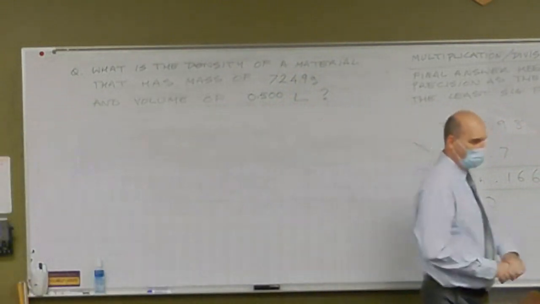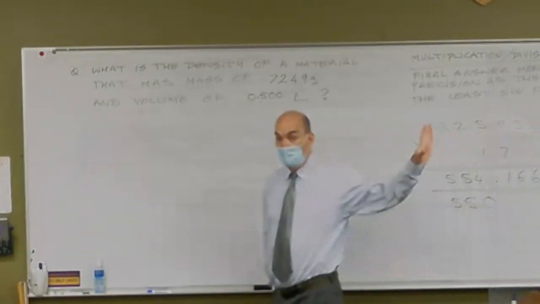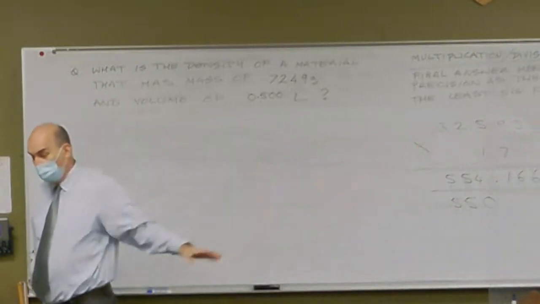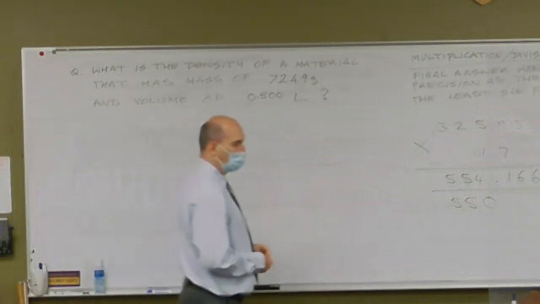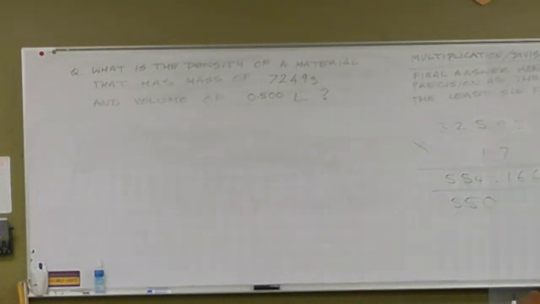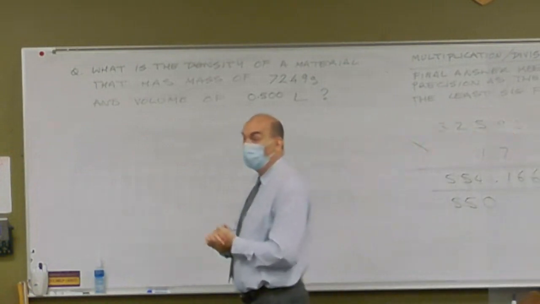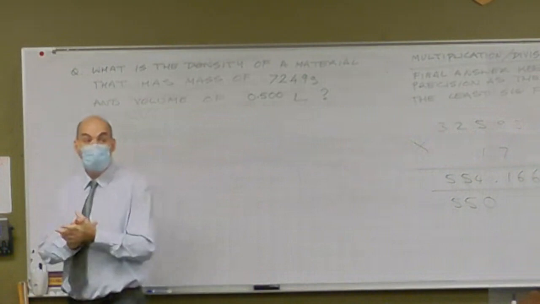Density. Density is characteristic of all pure materials. The elements that are on the periodic table, one of the things that we're going to learn next week, or maybe Friday, is that elements contain only one kind of atom. So they are pure.